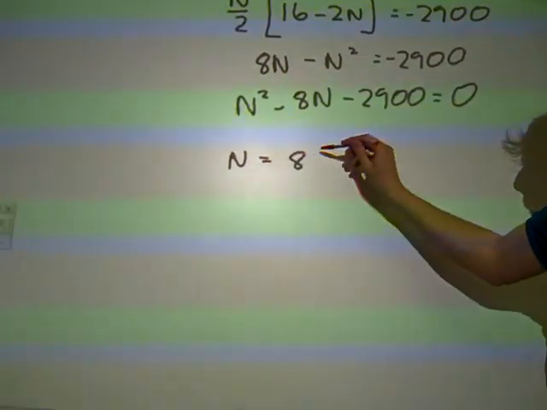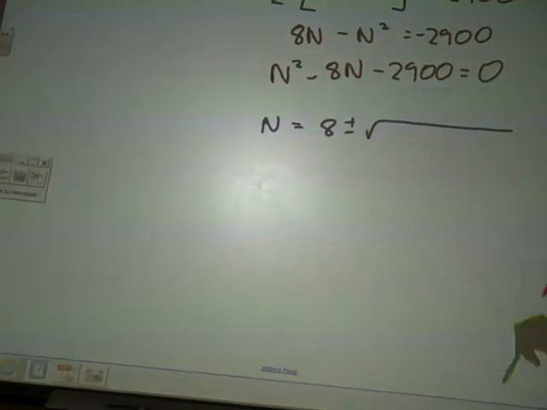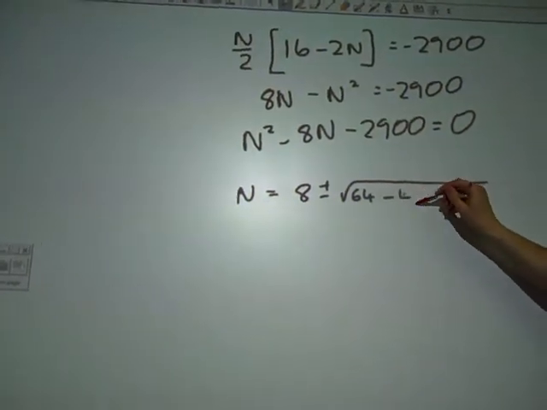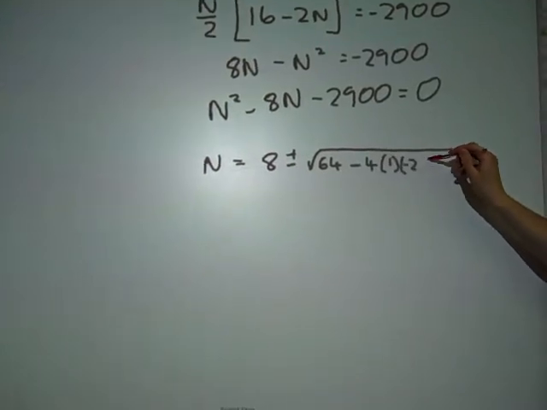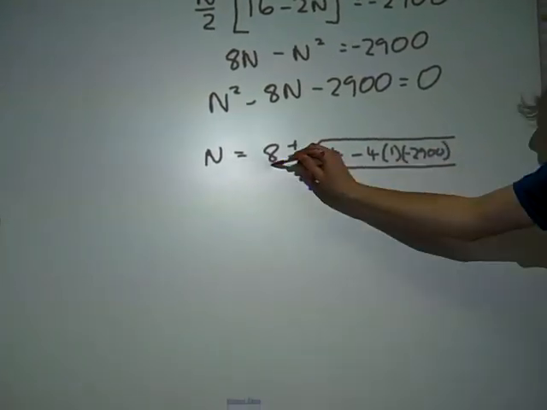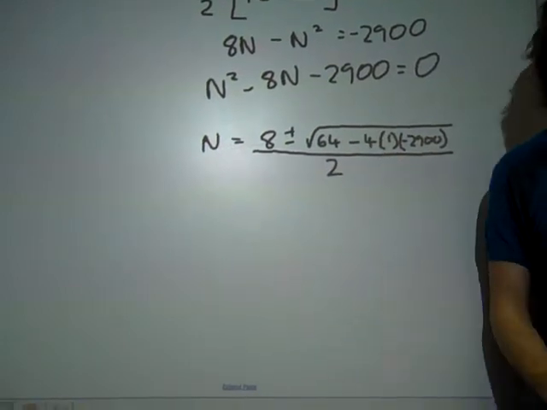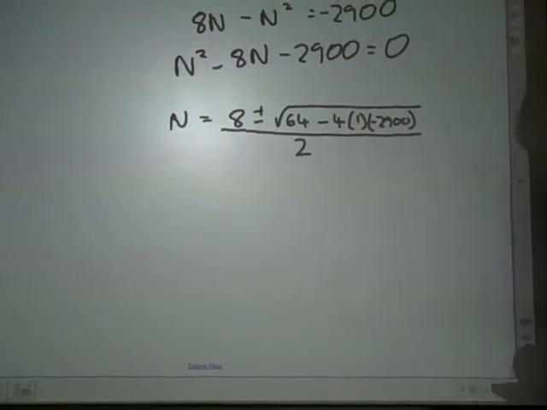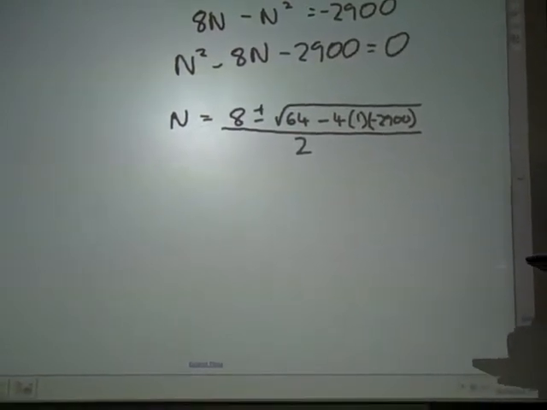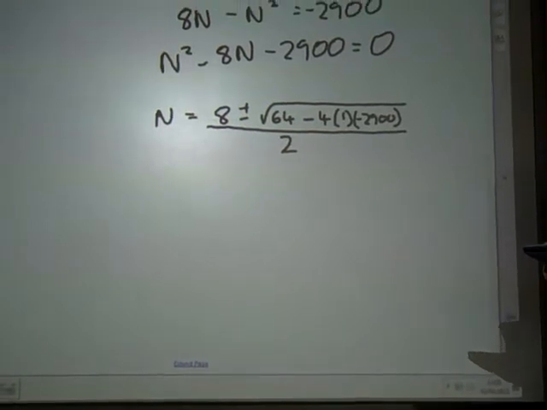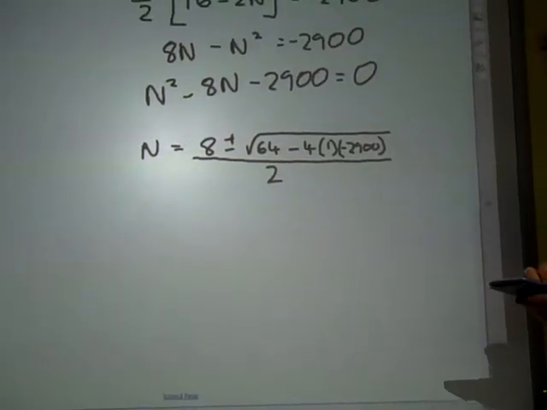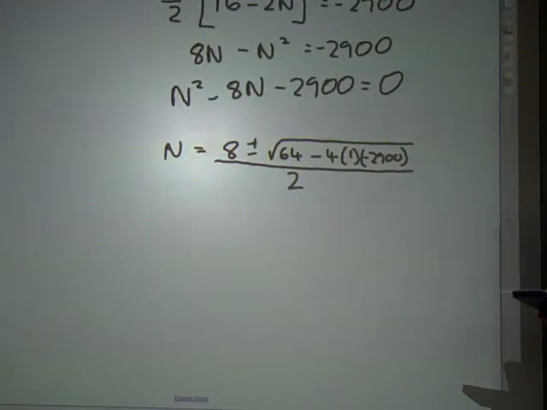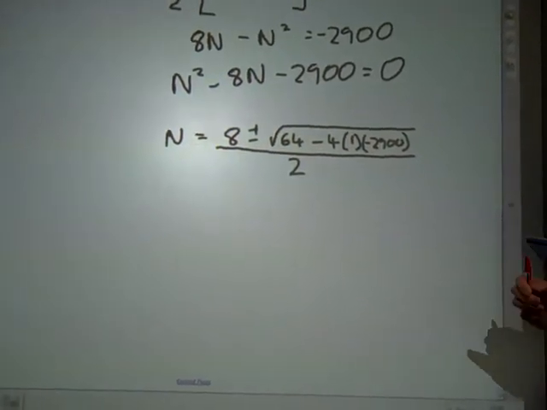Minus b plus or minus... we've got that. Now that thing inside the square root there, we've got the square root of 64 plus 4 times 2,900.